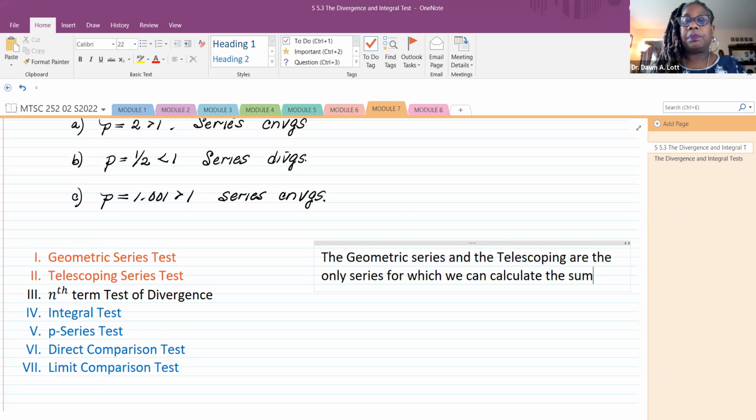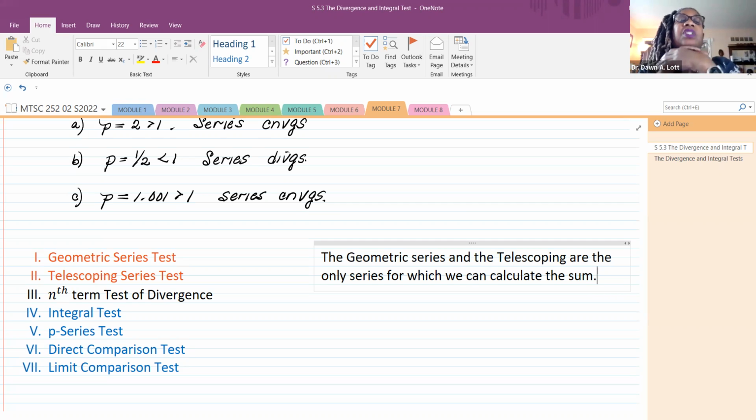All right, so on the test, it's going to ask you to identify the series if you can. So if the series has a special name like geometric, p series, or telescoping, you would write that down. Then you're going to be asked to determine whether the series converges or diverges.